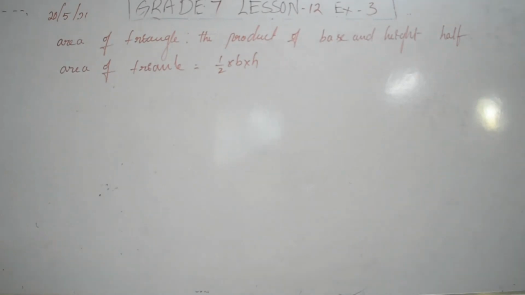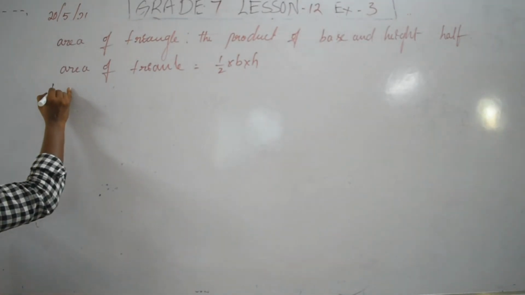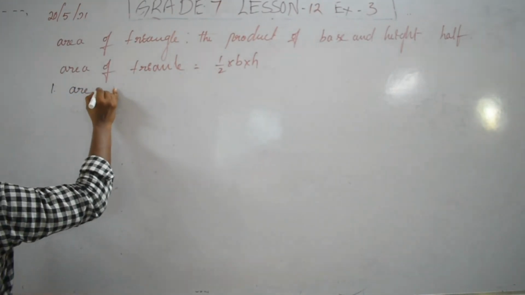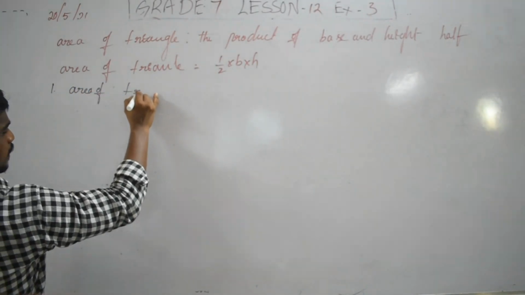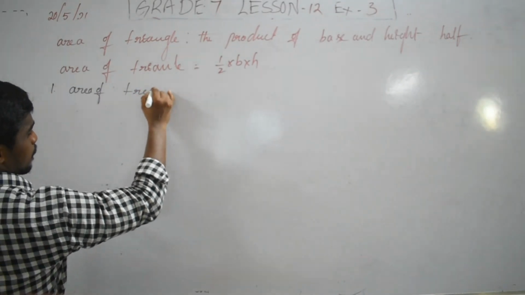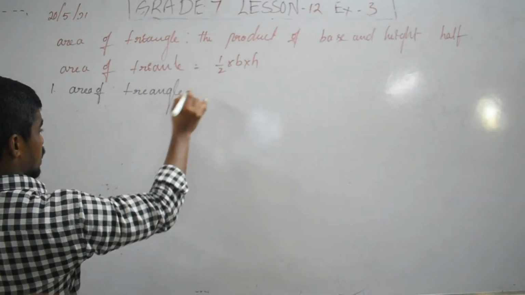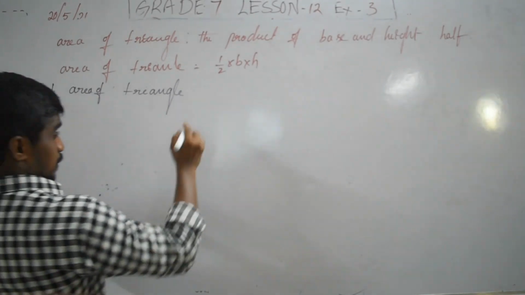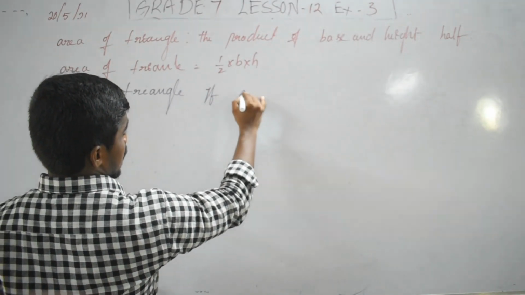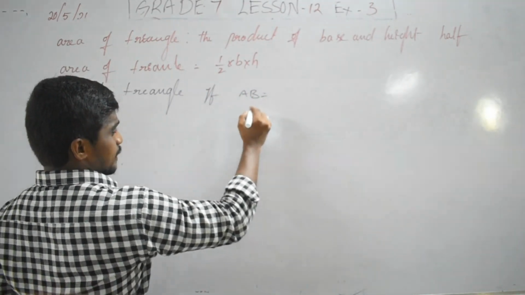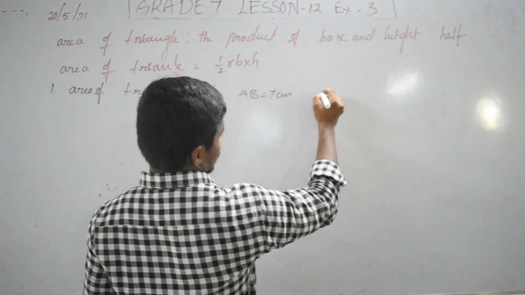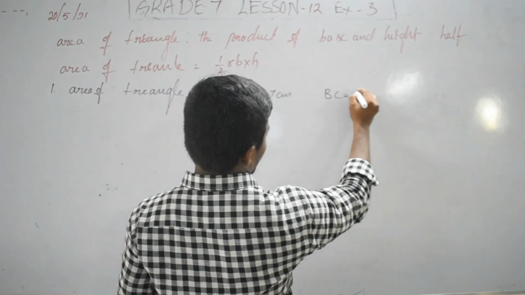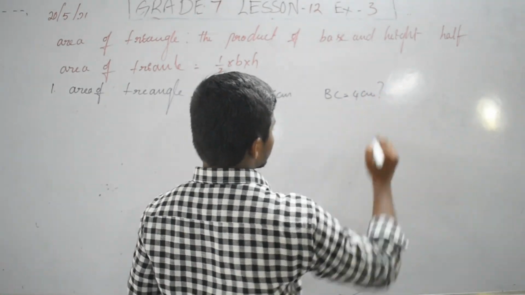Now here, just two examples. First one: find the area of the triangle if AB is 7 centimeters and BC is 4 centimeters.